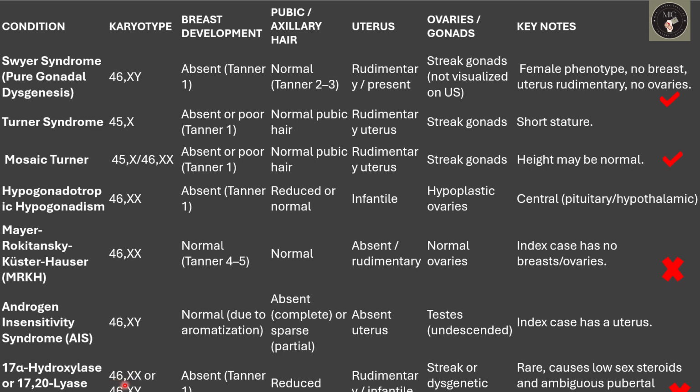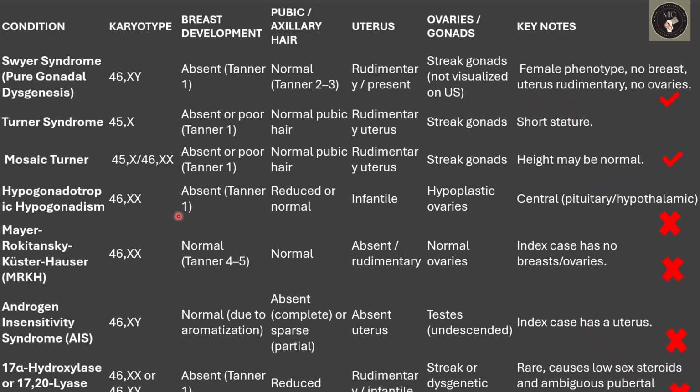This commonly presents with ambiguous genitalia, and here the genitalia wasn't ambiguous, so it's an unlikely possibility. Could it be a case of androgen insensitivity syndrome? No. In androgen insensitivity syndrome, you have normal breast development due to aromatization, and what you have as gonad is a testis, so the uterus will be absent. So this is not a case of androgen insensitivity syndrome.